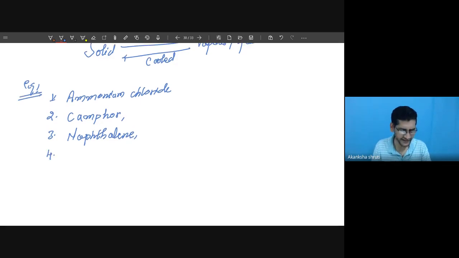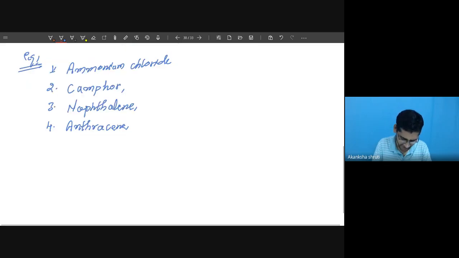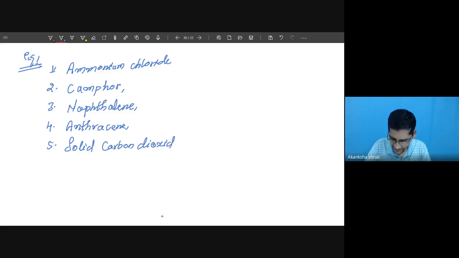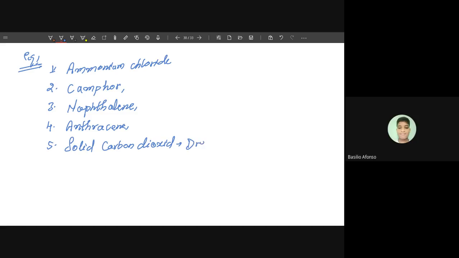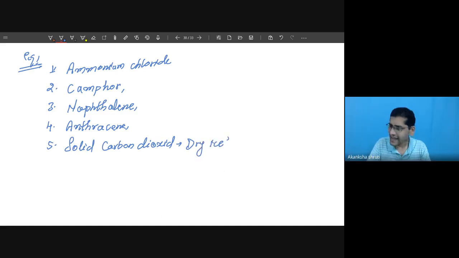The other one is solid carbon dioxide, commonly known as dry ice. It appears like ice but does not wet your cloth, because when this ice is placed on the cloth it directly gets converted into vapor, it will not convert into liquid.